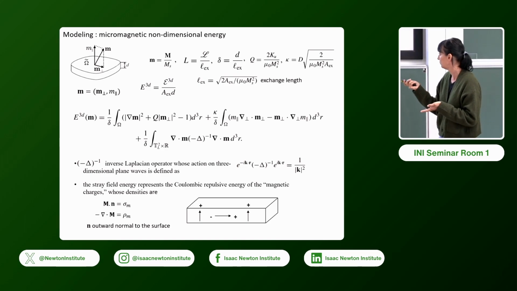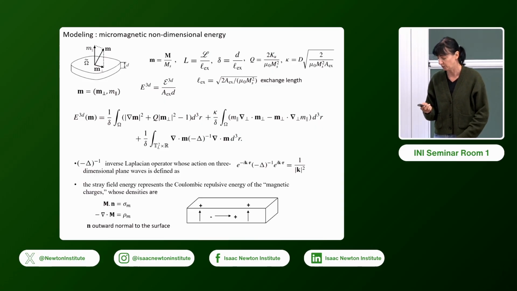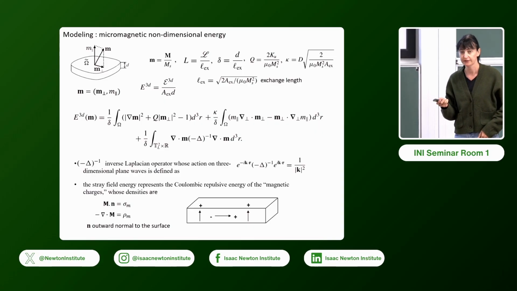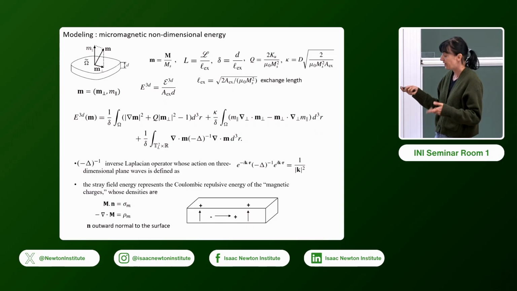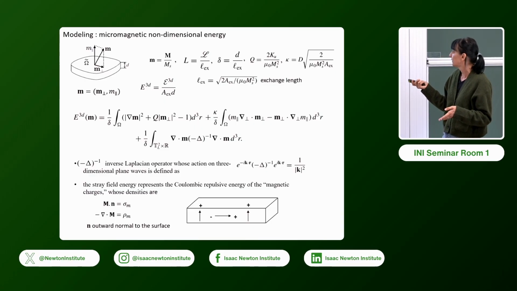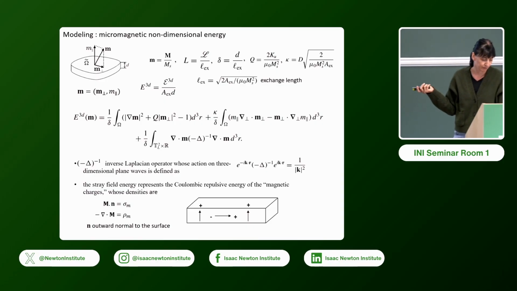Here I want to start talking about volume and surface charges, which are a very important notion to understand this mysterious stray field effect, which is at the origin of the stabilization of the stripe pattern. The stray field energy represents the Coulombic repulsive energy of these magnetic charges, which are of two types: surface charges and volume charges related to the variation of the magnetization in the bulk.